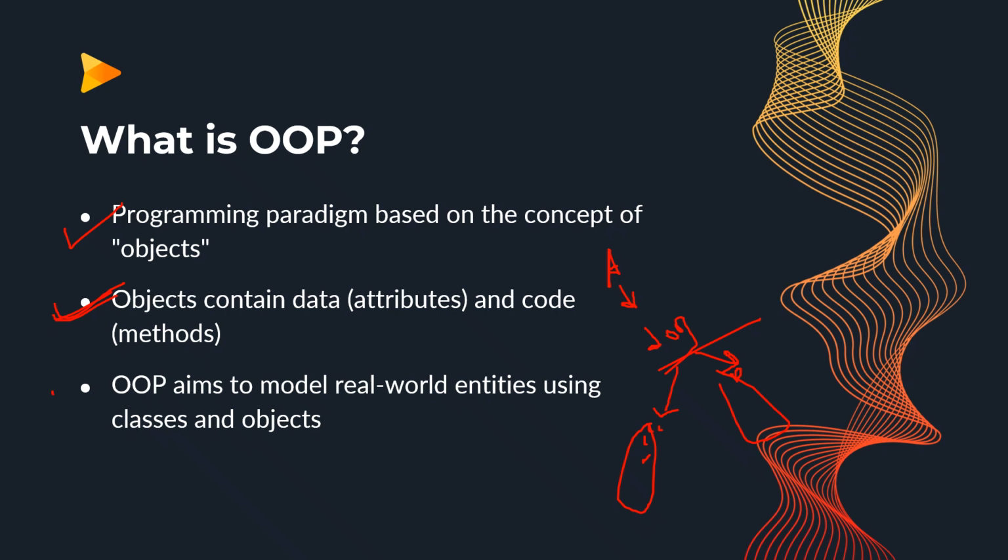So what is the aim of object oriented programming? It aims to model real world entities using classes and objects. As in this real world example, we can create objects of class animal, like cat, cow and different types of animals.